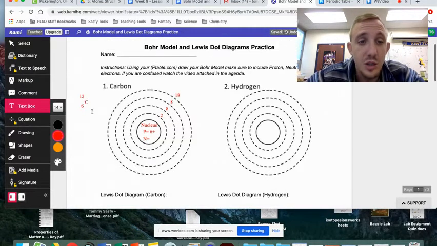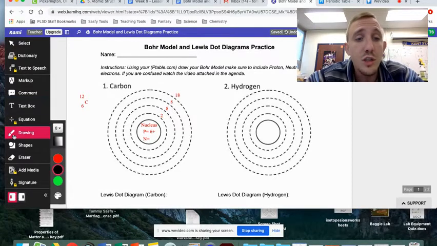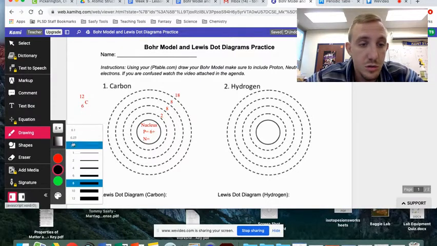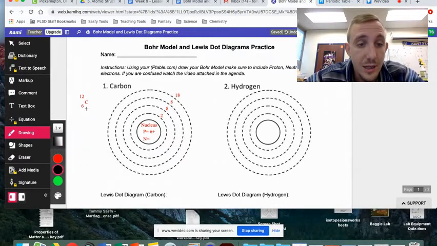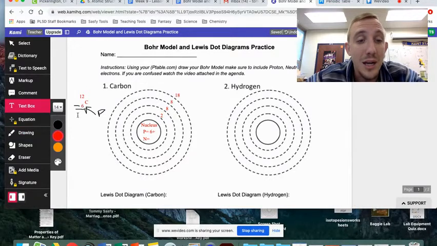All right, and so this is your element symbol, and this is nothing new to you guys. But what you're going to do is you already know your protons because this number equals my protons. Now, if I subtract these two numbers, your mass number minus your atomic number, that is going to give me my number of neutrons.